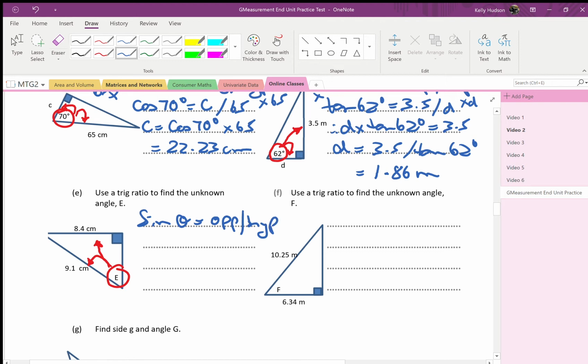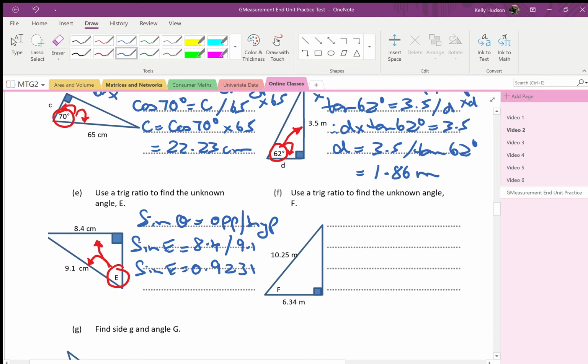So I don't know what sine is, so I'm going to go sine of E is equal to, my opposite is 8.4, I'm going to divide it by 9.1. I put that in my calculator, I get sine of E is equal to 0.9231.